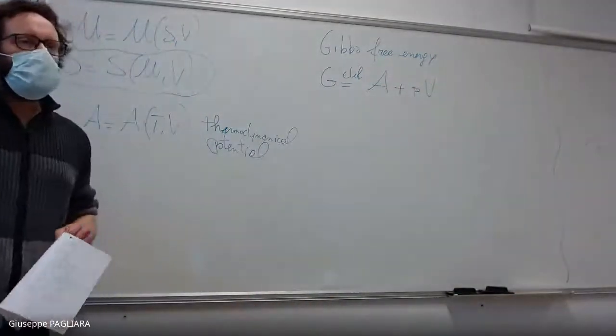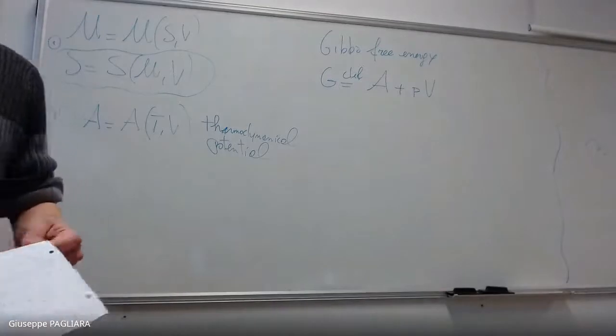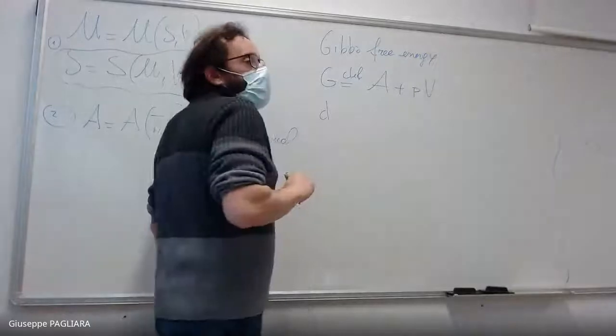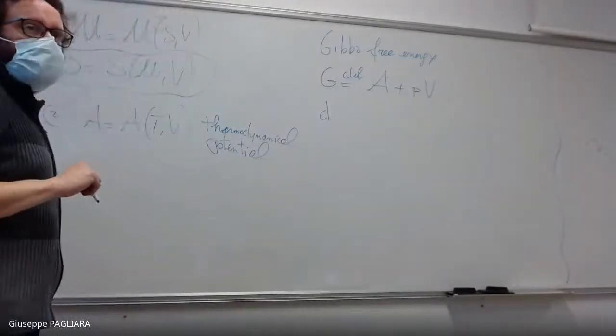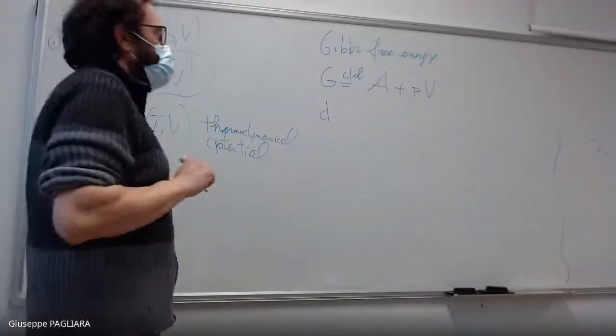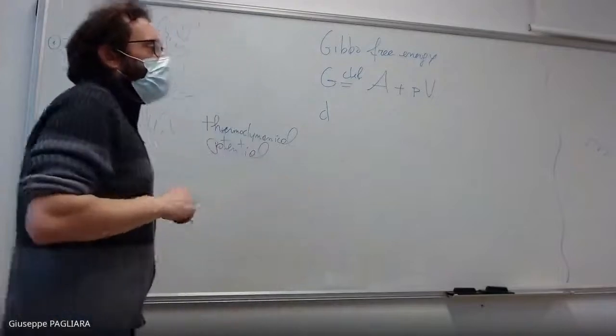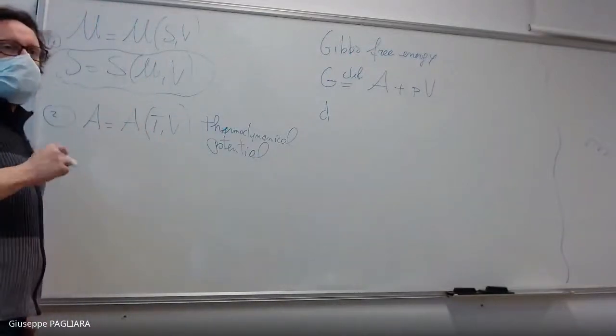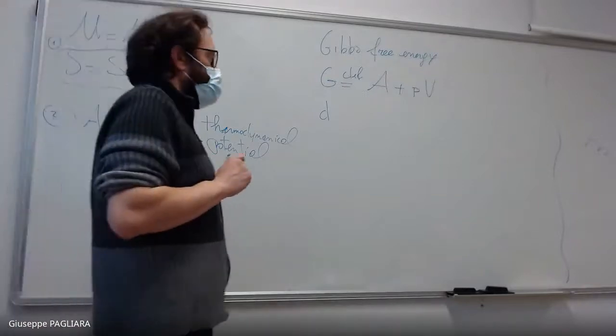So it's the Helmholtz free energy plus pressure times volume. You will see in a moment why this quantity is introduced. It is another Legendre transformation that will allow us to switch from TV, this time, to TP, so temperature and pressure.